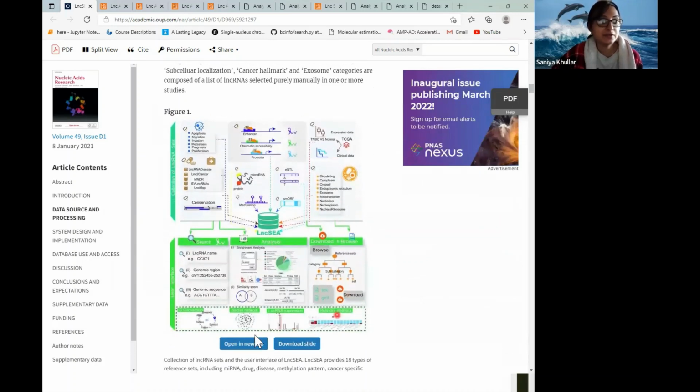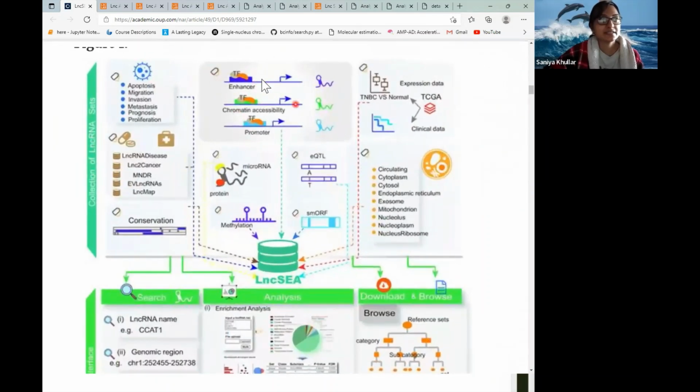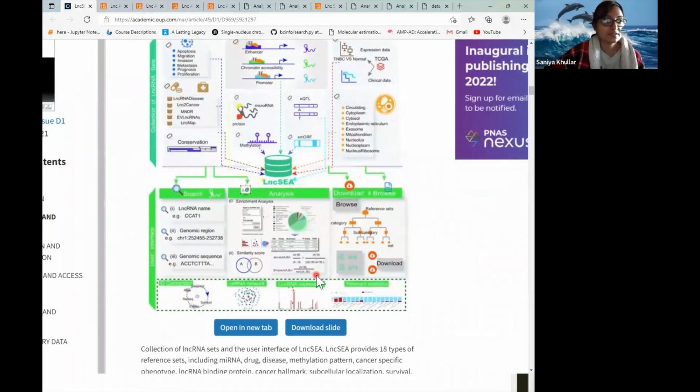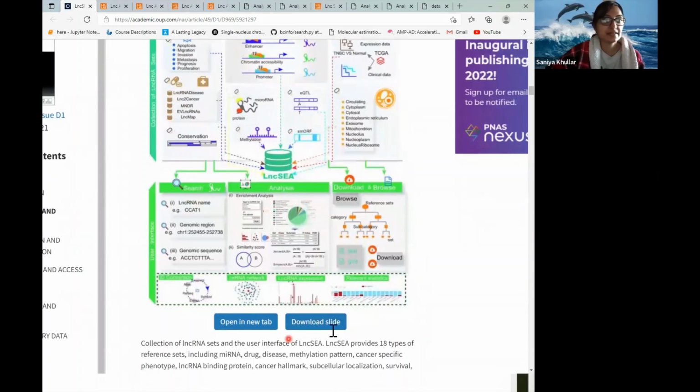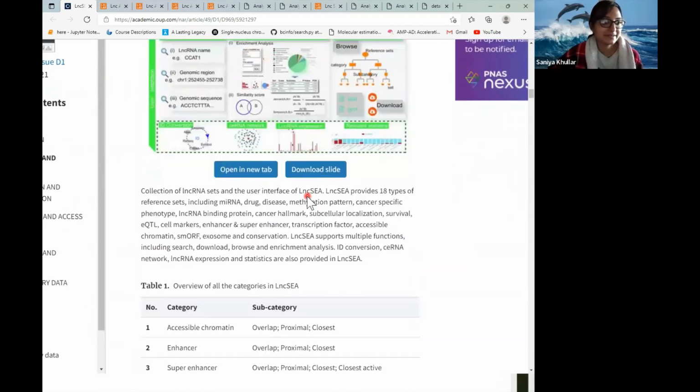We can look at this more, but they talk about all these 18 types of reference sets that they are providing information on, like TF, enhancer, chromatin accessibility, promoter, eQTL, expression quantitative trait loci, microRNA, methylation. A lot of different resources here: search, analysis, downloading. So it's pretty cool out there.